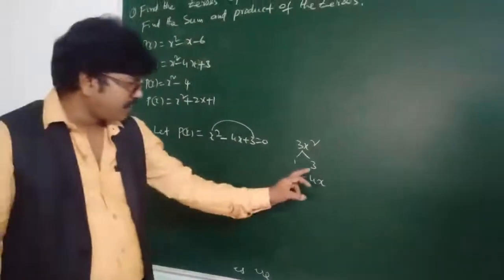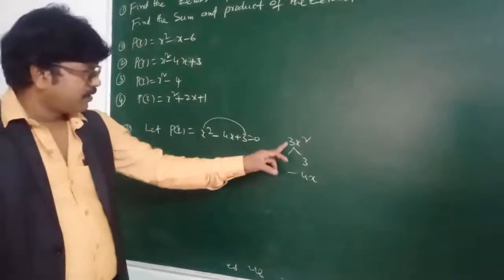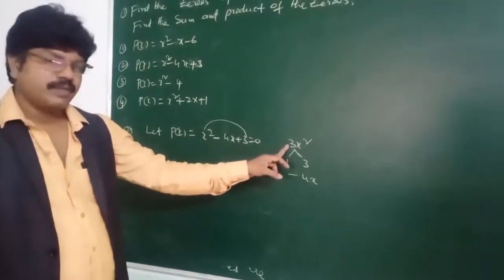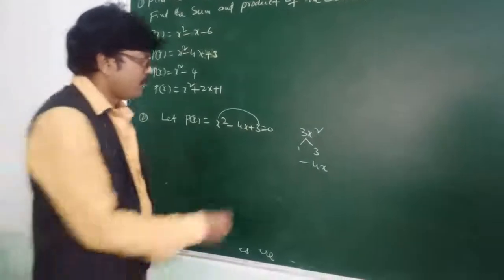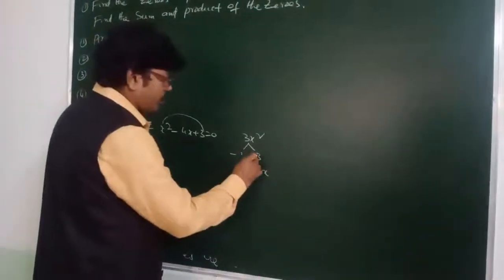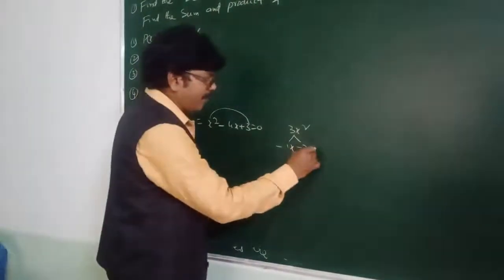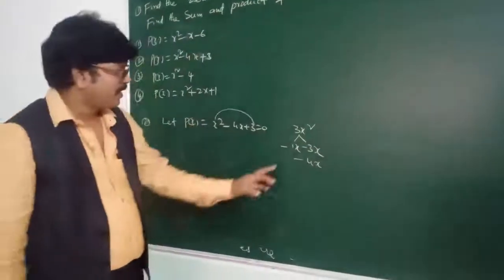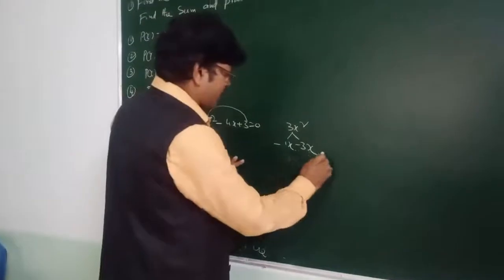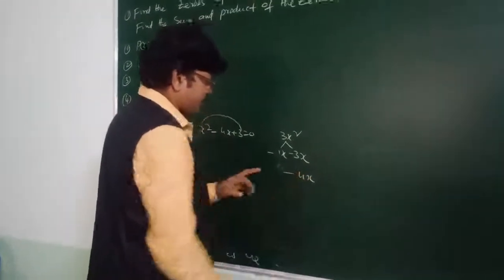If we multiply this 1 and 3, we get 3x square. Add minus 4, we take both minus: minus 1x and minus 3x. Then minus 1x minus 3x gives minus 4x.